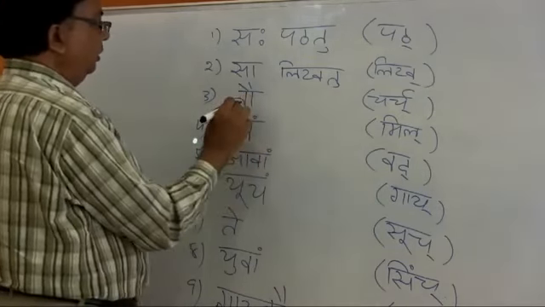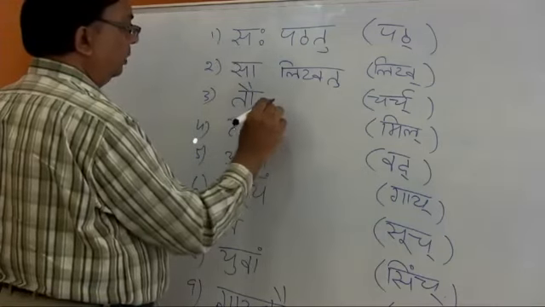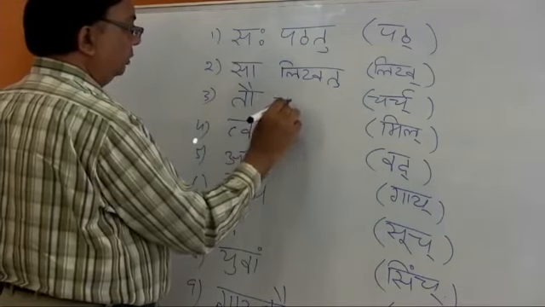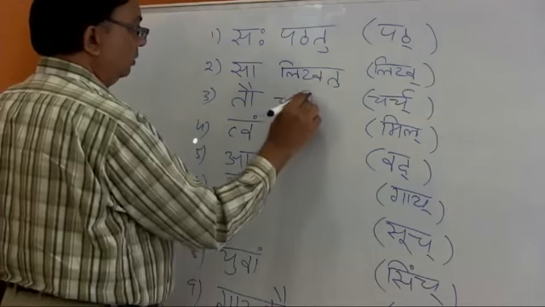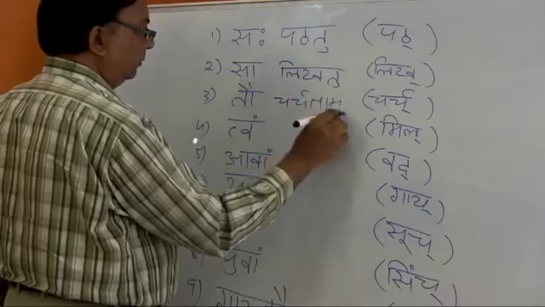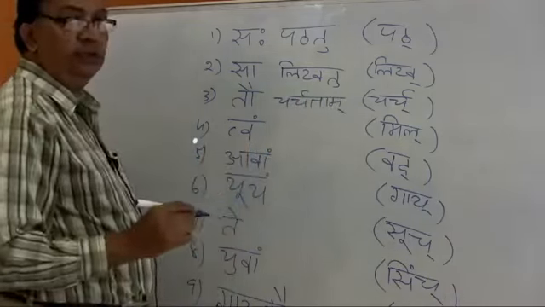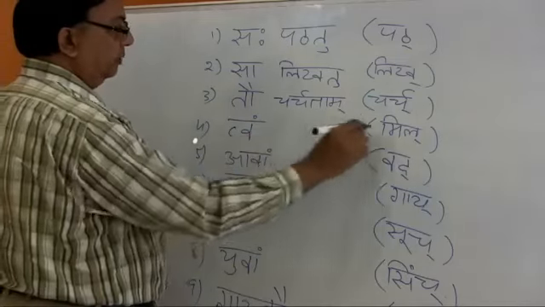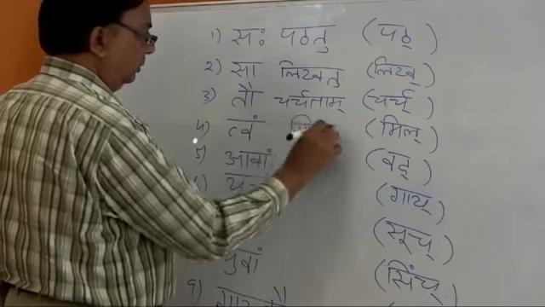Tau is third person dual number. So tau charcha becomes charchatam. Charchatu, charchatam, charchantu. Tvam is second person singular, madhyama purusha, ekavachana. Tvam mila, you meet.